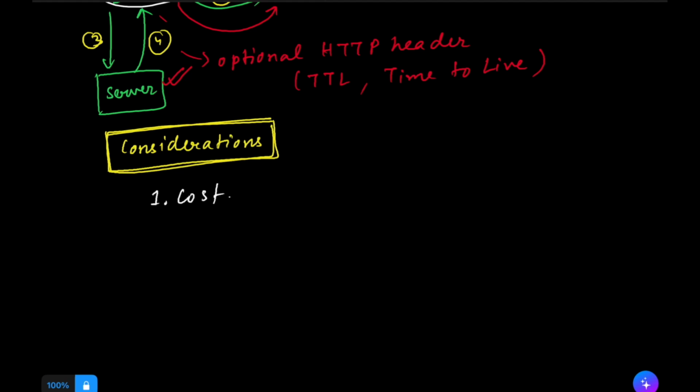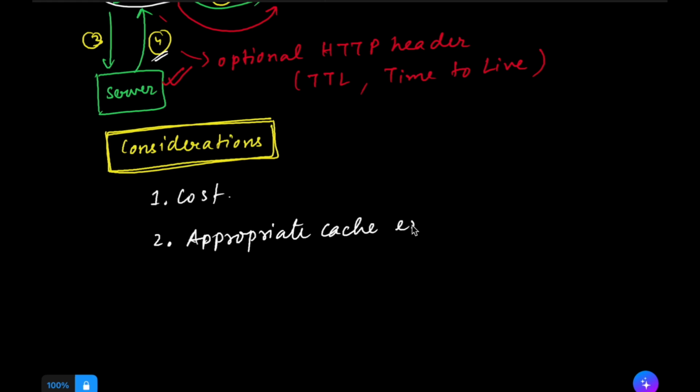Caching infrequently used assets provides no significant benefits. The second thing is appropriate cache expiry. We saw this header which is sent from the server along with the static content to the CDN.